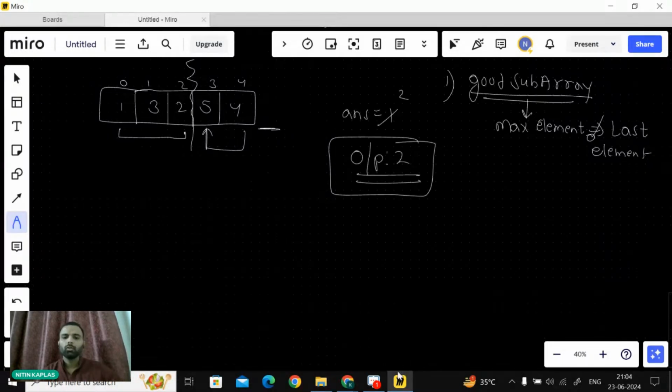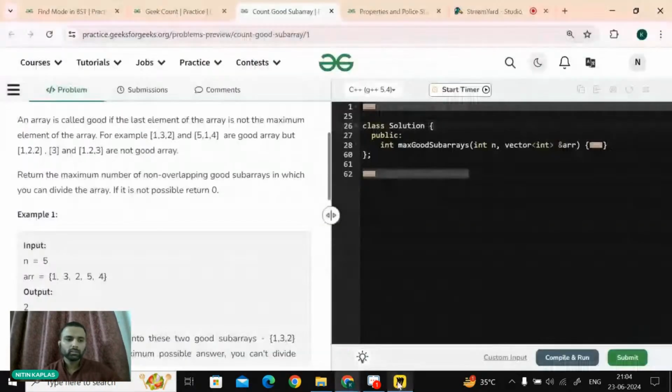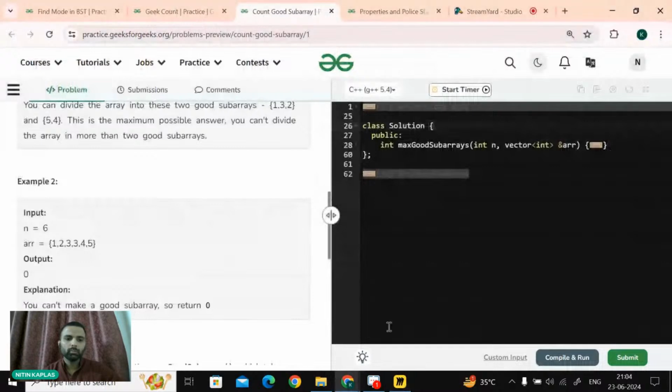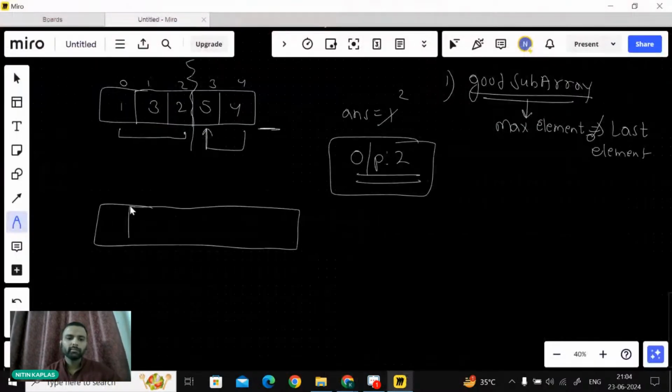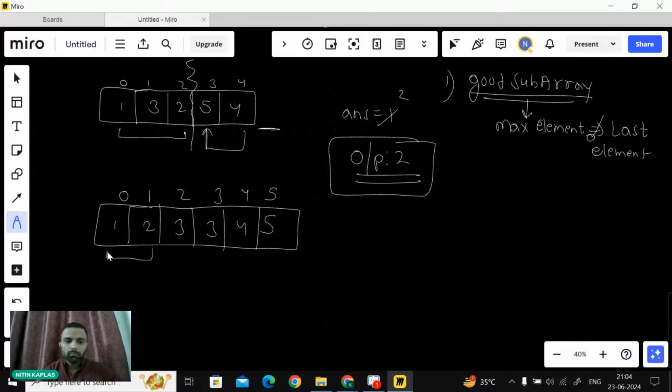Okay, now let's move to our next example. We have 1 2 2 3 4 5. That's a very simple test case. In that case, I am here, it's the largest right now. This is also the largest, this is also the largest.